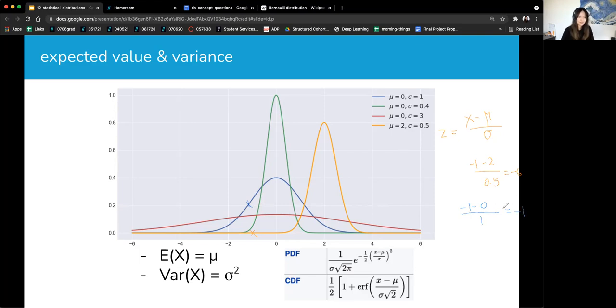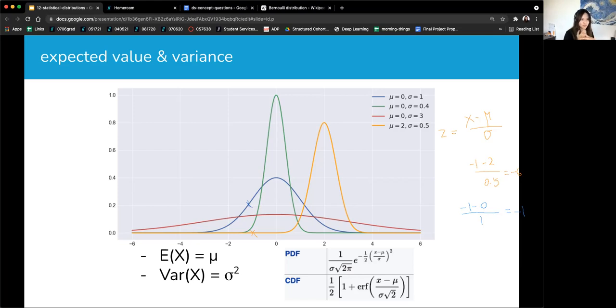This allows us to compare the two students on a more similar scale. Even though they got the same score, we take into consideration the distribution of scores within their individual classes. The yellow guy actually did way worse than the blue guy because his score is -6, whereas the blue guy's score is -1. So this allows us to compare scores across different distributions.